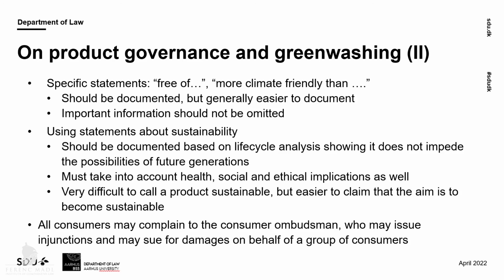If you call your product sustainable, you should make a life cycle analysis, and you should analyze whether it impedes the possibility of future generations, which I guess is quite difficult to do. And they state themselves that very few will have the opportunity to use that term, because it would be very difficult to do. So that is a very restricted term and will be very difficult to use.